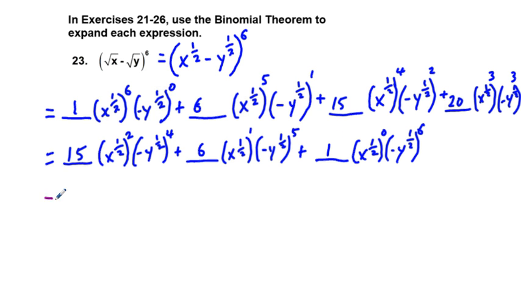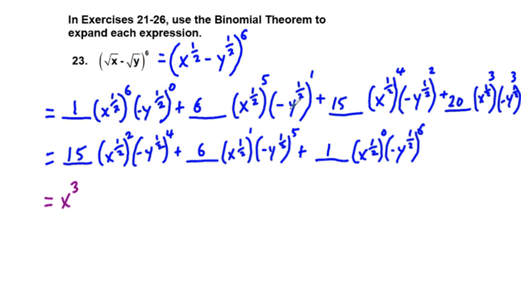We're going to get, I'll put here in purple, we have 1 x to the 1/2 power raised to the power of 6. So we multiply with exponents, so 6 times 1/2 is going to be x to the 3rd power. And then we have this negative y to the 1/2 power to the power of 0 is going to be 1, so we just leave this as 1.